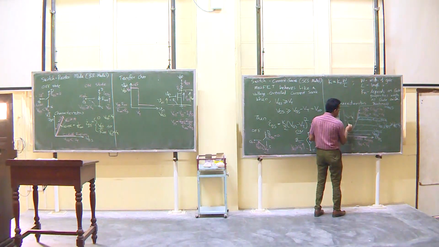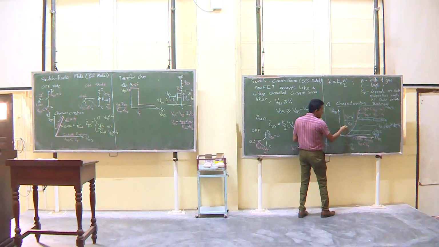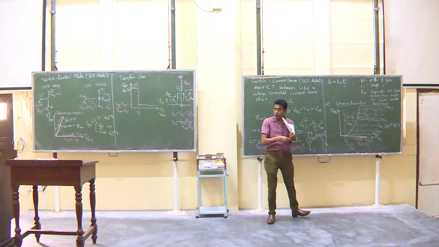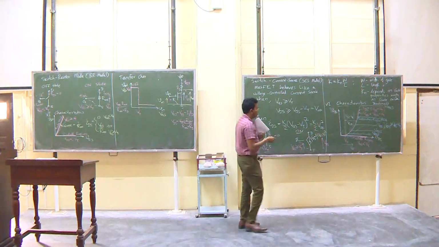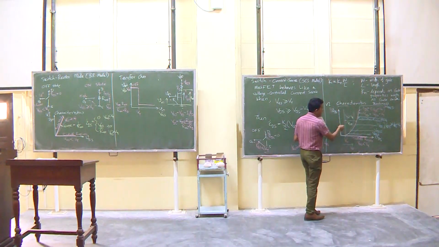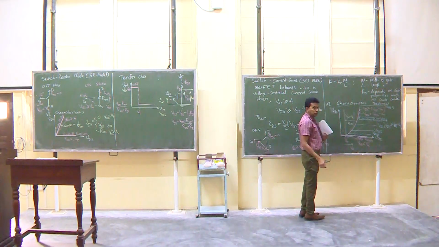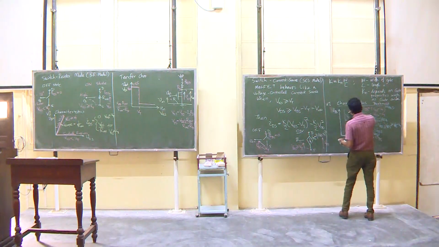We call this V overdrive. And what you have here is the square of that, 0 and the square of that likewise. This curve represents the square of V overdrive, proportional to it. We call the region below this the triode mode. This is the triode mode.